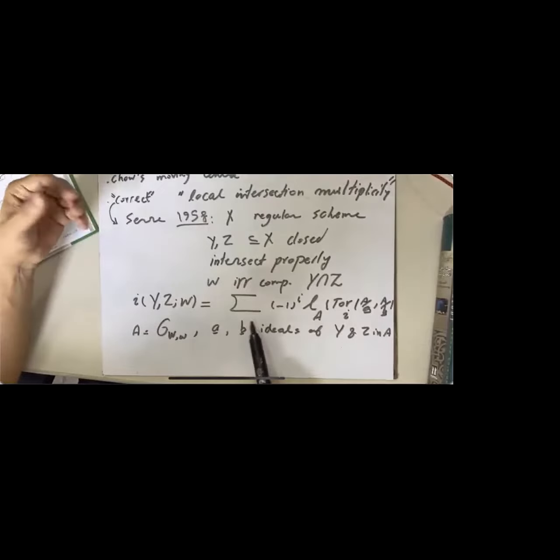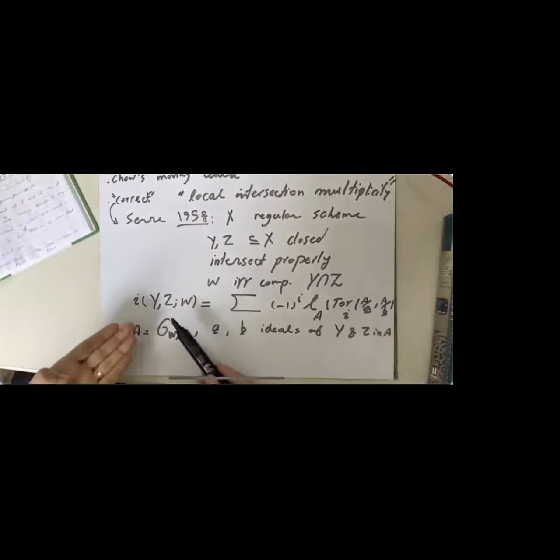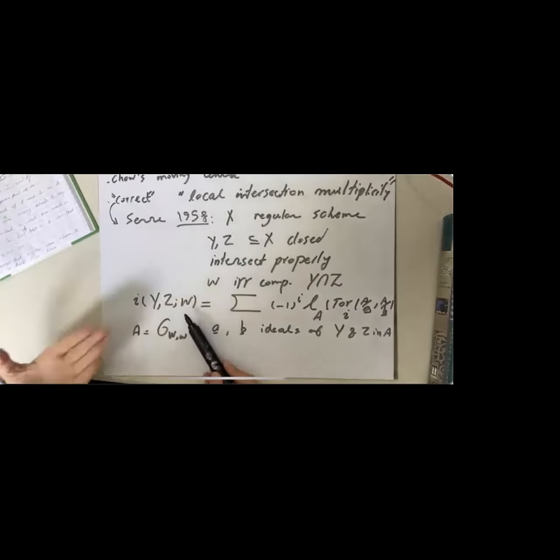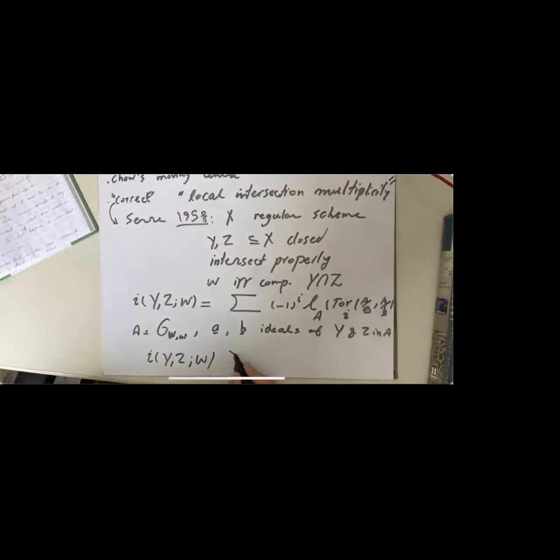And the very first thing to show that this is a good theory is to show that this number is non-negative, right? We do not expect the intersection to be negative. So one has to prove at the beginning that this is a non-negative number.